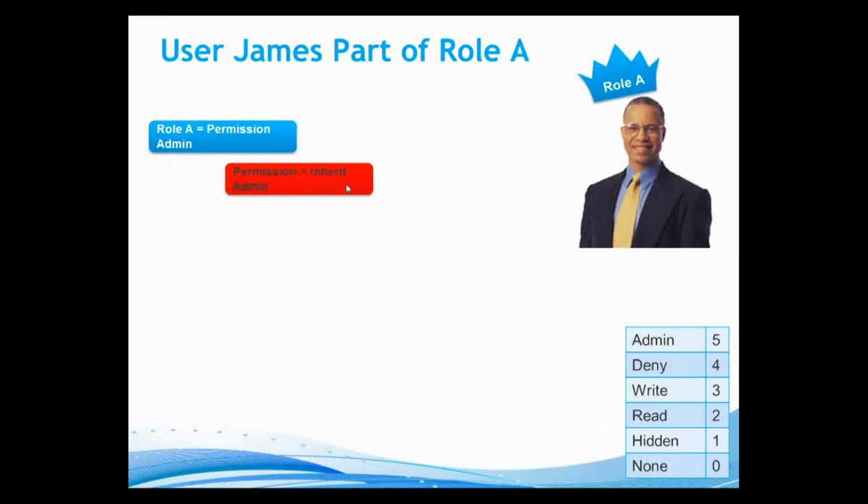So actually what I'm seeing here is that role A has permission admin. So the permission of the subfolder is inherit admin, meaning that it inherits the parent permission to the subfolder. So I don't have to define the subfolder again. Of course it inherits the permission.